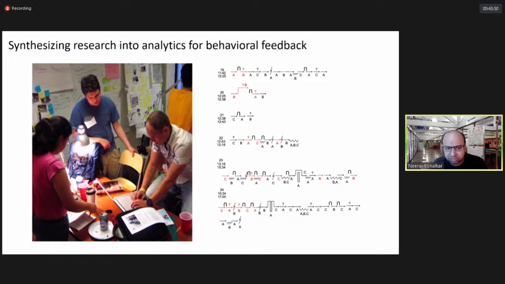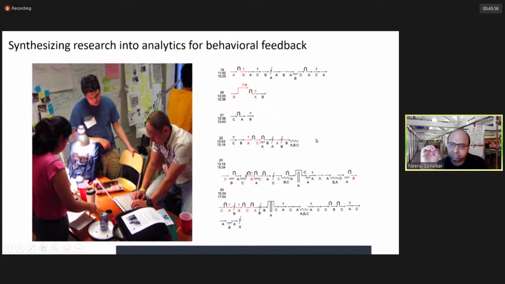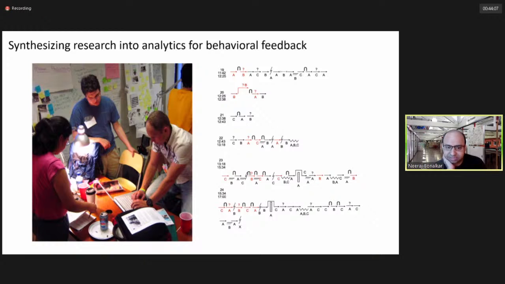What you see on this slide here is a notational system. This is a notation we came up with to understand and identify what makes certain teams really good at designing, what makes them good at developing new products and services and business models.